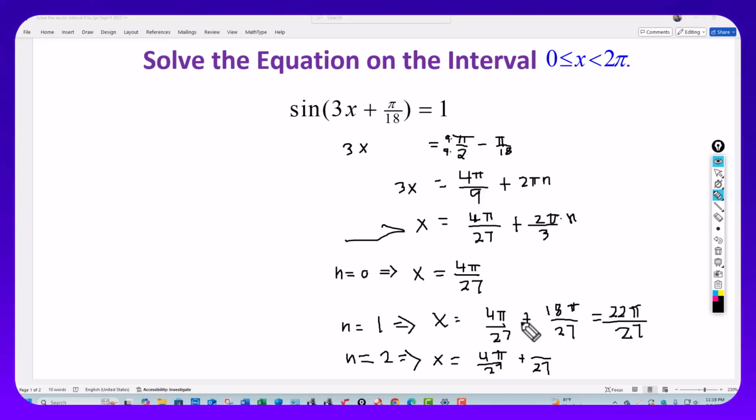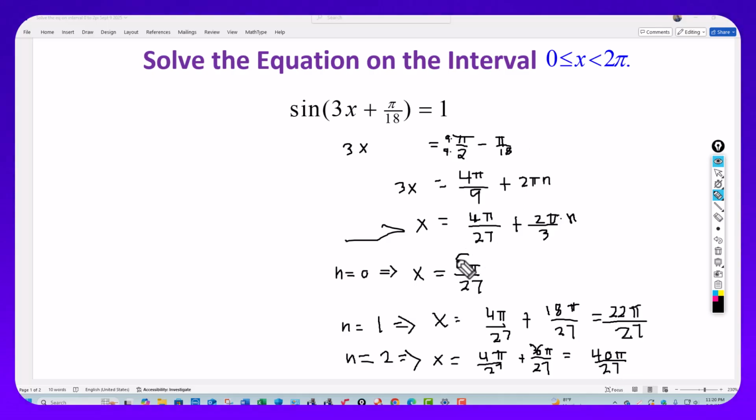With n equal to 2, 2 times 2 pi is 4 pi, and multiplying by 9 gives 36 pi. Then 4 pi and 36 pi is 40 pi over 27.